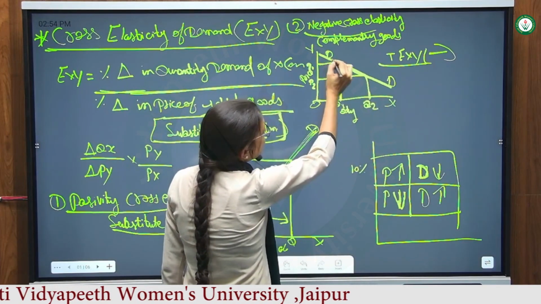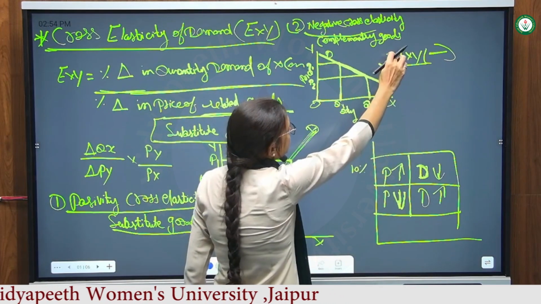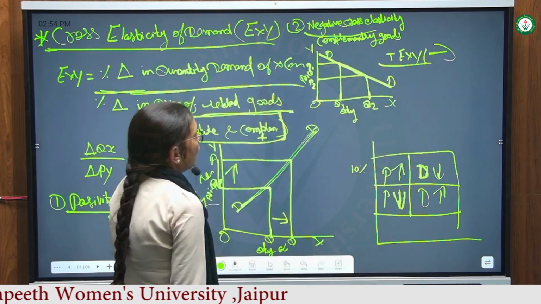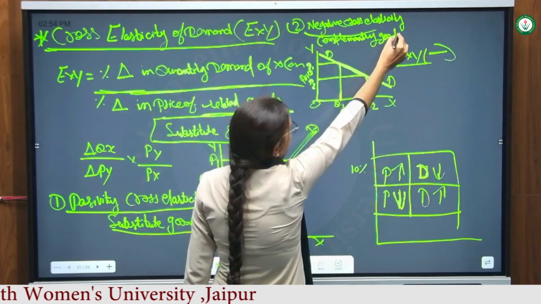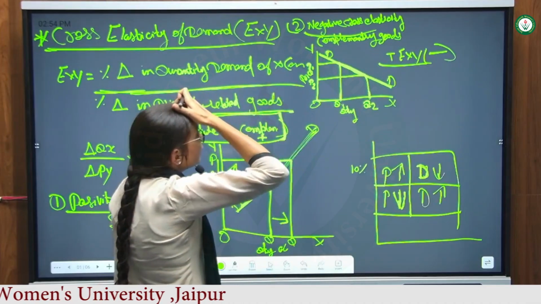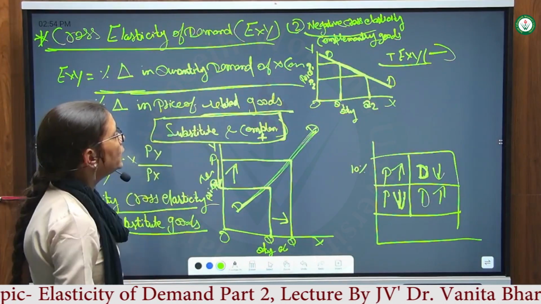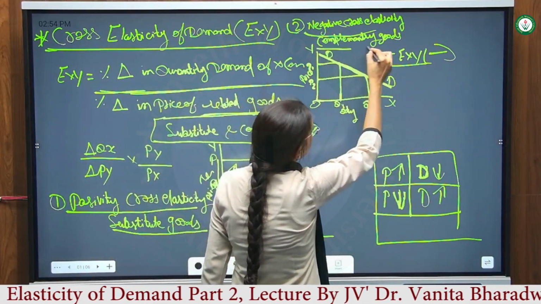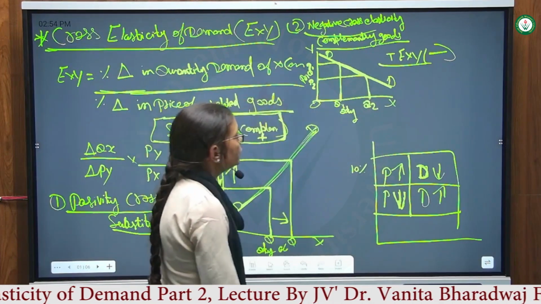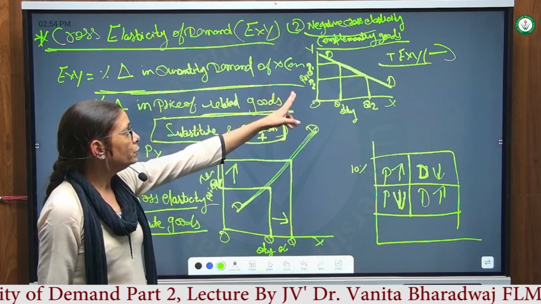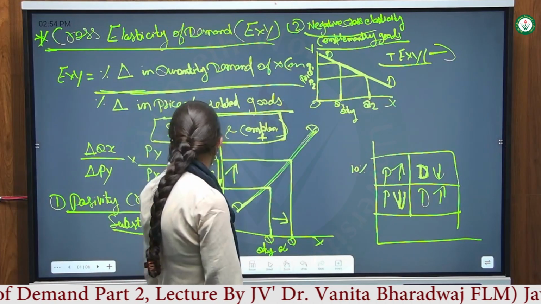This is an inverse relationship. An inverse relationship takes place in negative cross elasticity, and negative cross elasticity is available in complementary goods, which, as I already told you, are used together.